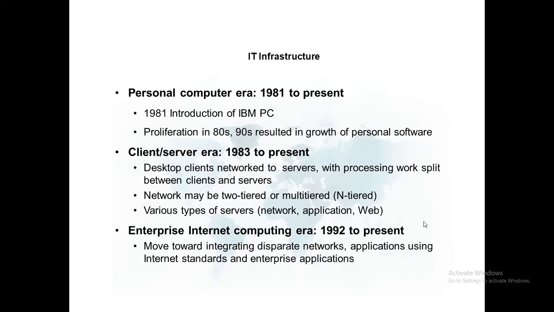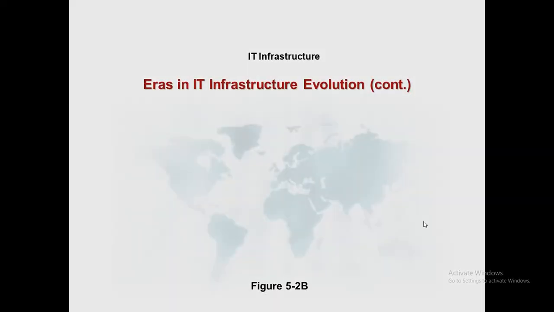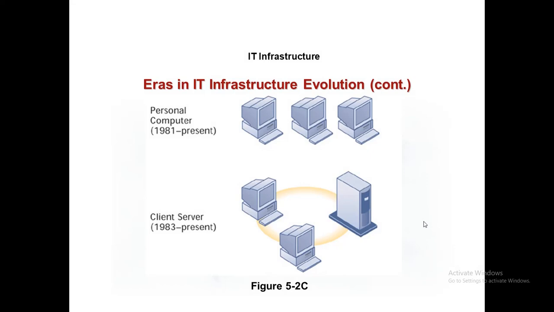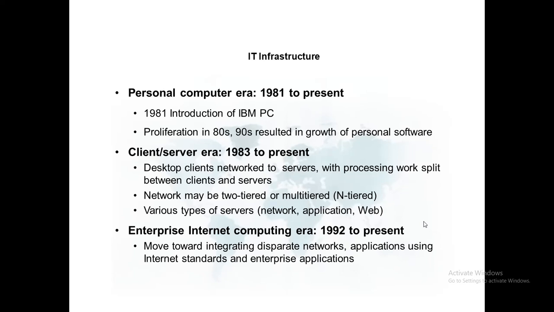Then we go to the client server era. With the client server era, we have desktop computers or desktop clients, which are personal computers, and they are networked to servers.